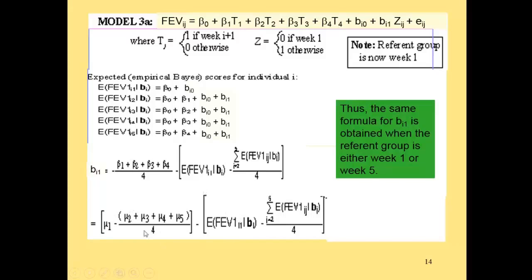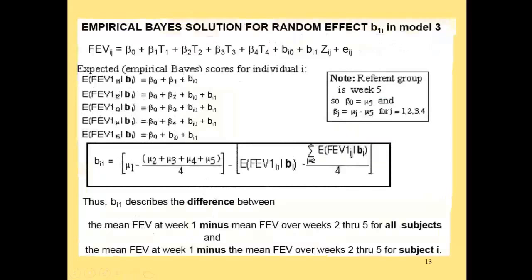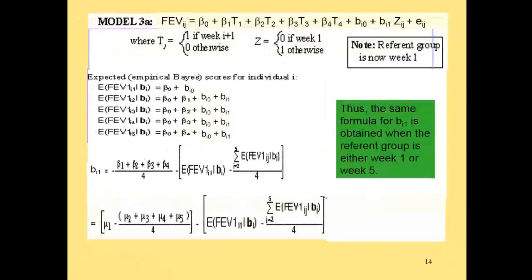BI1 is going to be the same whether the referent group is week 5 or week 1. It's not going to matter. The algebra for this, again, is in the appendix if you want to go digging. But the take-home message is the same formula for BI1 is obtained when the referent group is either week 1 or week 5. The referent group does not matter when thinking about the formula for the random slope.